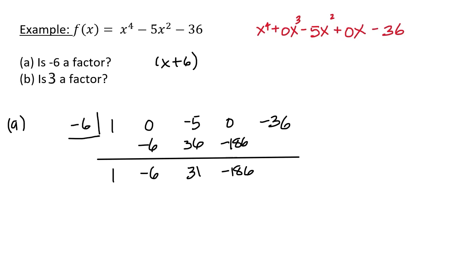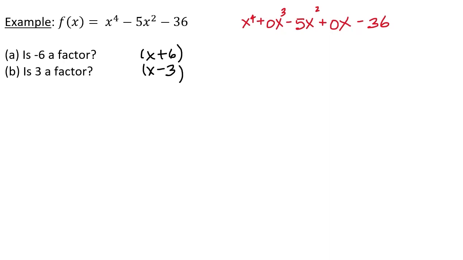Negative 186 times negative 6 is positive 1,116. So when I add that to negative 36, I get 1080. So that certainly tells me negative 6 is not a factor. So the answer is no, it is not a factor.